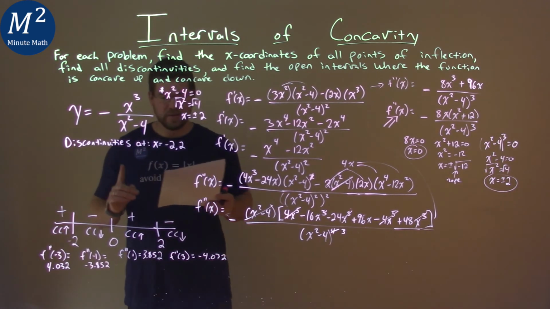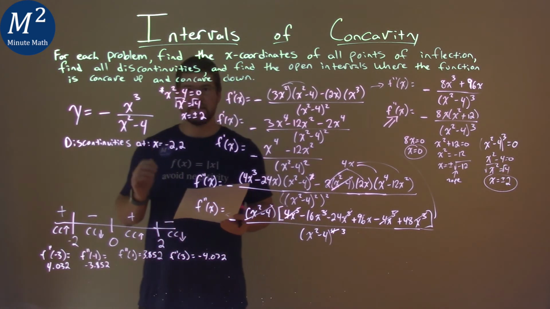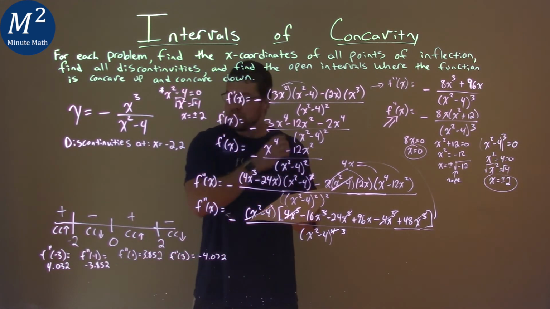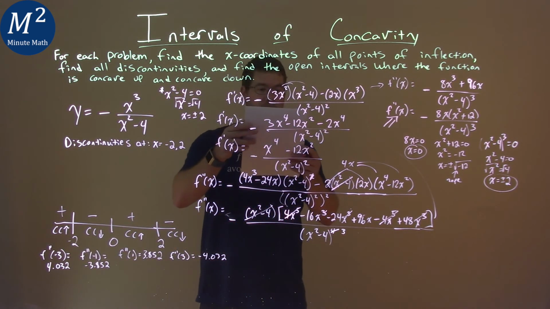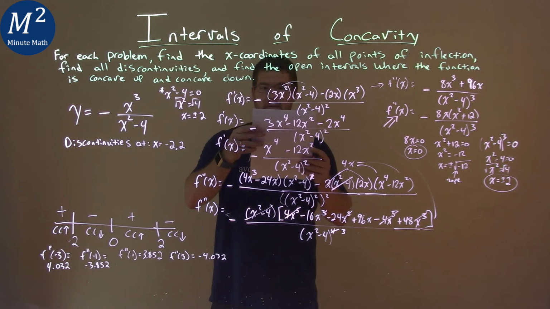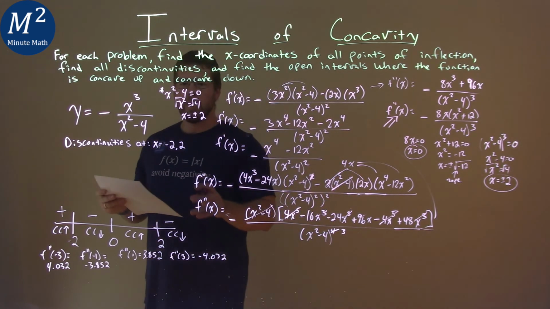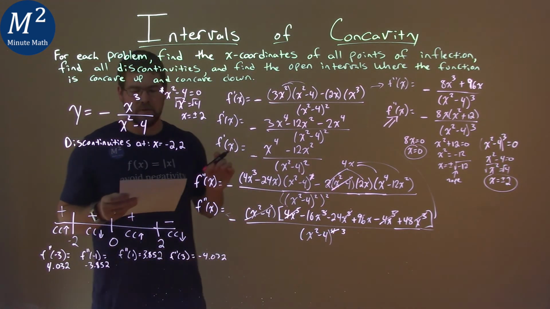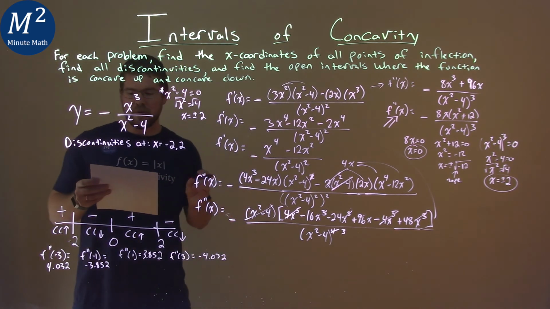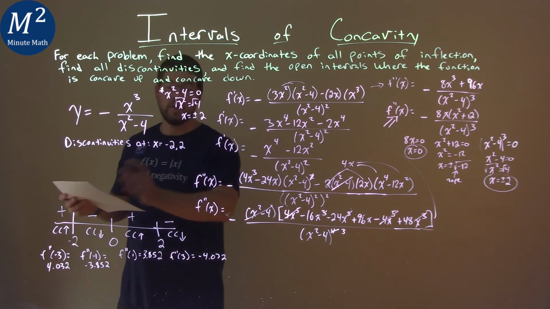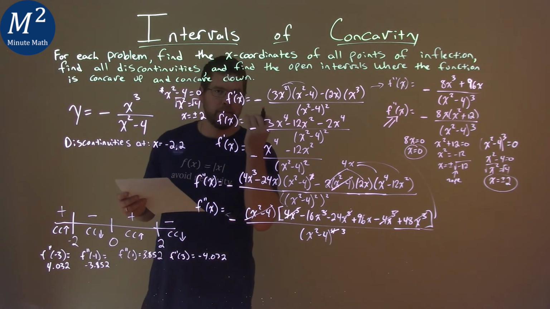All right, so now here's actually the tricky part. Let me find where my notes are here. There we go. So we're discontinuous at -2 and 2. We have asymptotes. And so those values aren't actually our inflection points, even though we change concavity. It's not an inflection point.